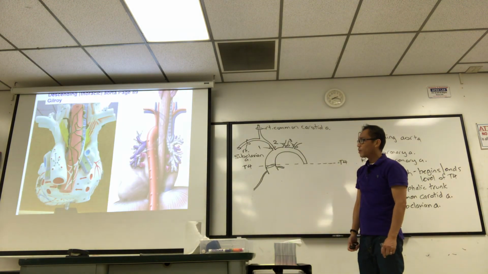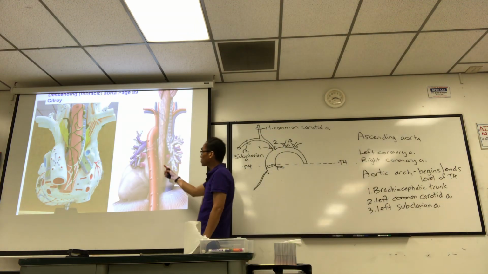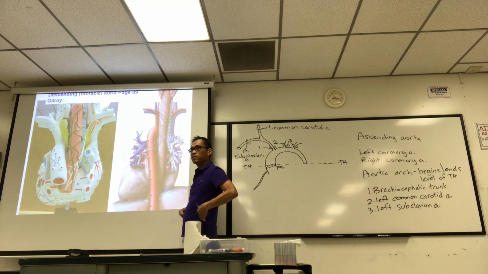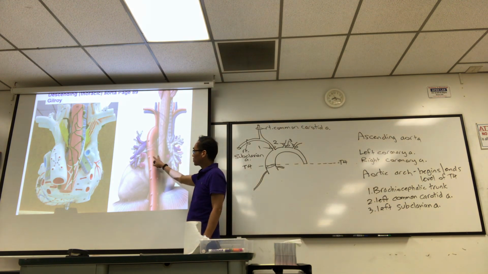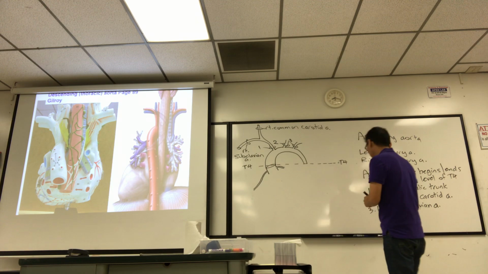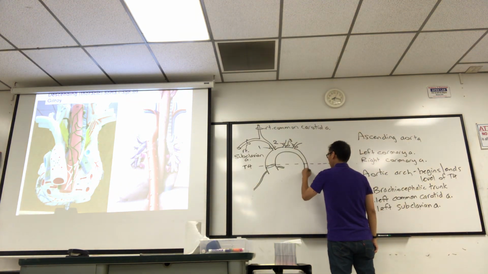And then as the artery goes down, here's a backside view of the thoracic aorta. See these paired holes? What do you have pairs of in your rib cage? Pairs of ribs. So these are paired posterior intercostal arteries that branch off the thoracic aorta. I don't want to draw all 12 pairs, but I'll draw a few.